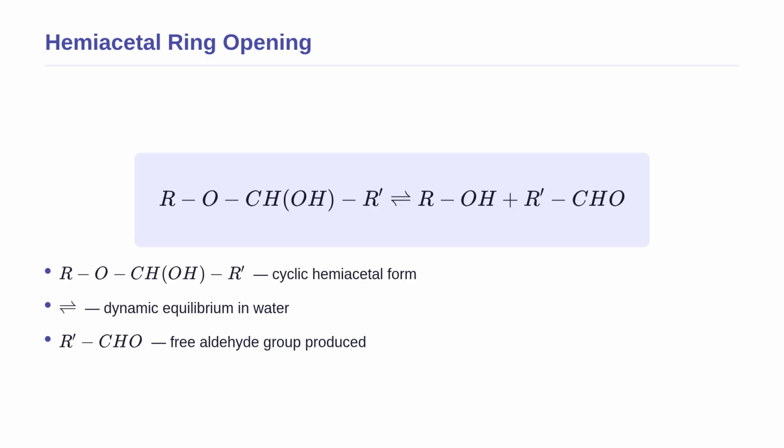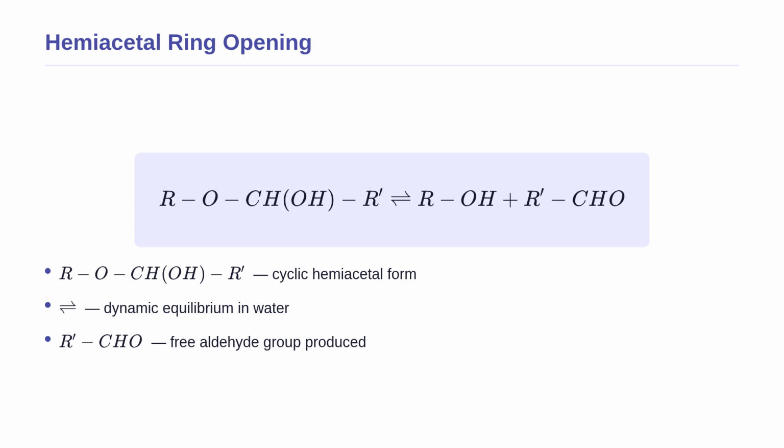To truly grasp how this works, let us look at the chemical formula for this process. This equation represents the cyclic hemiacetal form of a sugar opening up. The double arrows indicate that the sugar exists in a dynamic equilibrium with its open chain form when dissolved in water.